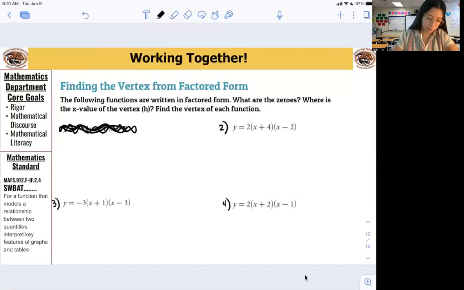So for number two, what are my x-intercepts? -4 and +2.